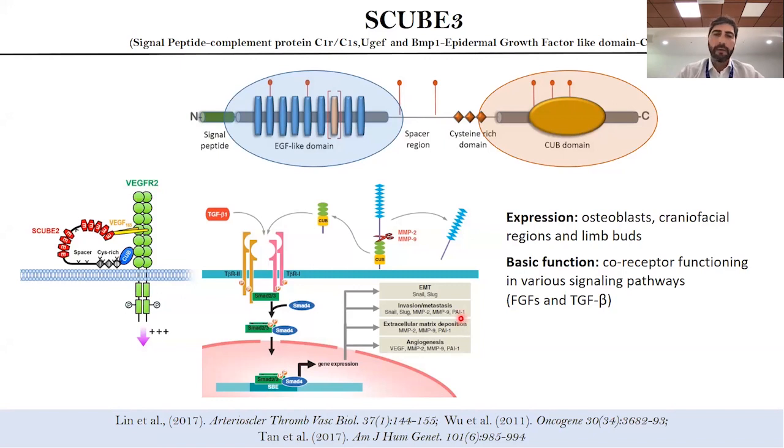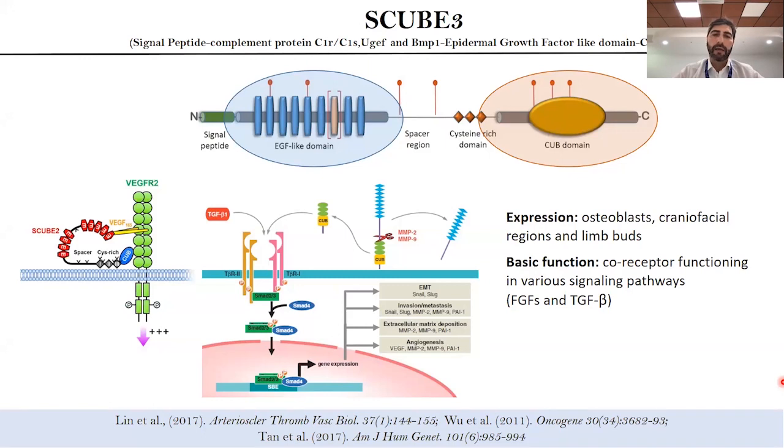The first one mediates the interaction between proteins within the extracellular matrix. The CUB domain is required for binding receptors of growth factor or morphogenetic proteins. SCUBA3 is expressed mainly in osteoblasts and craniofacial regions, as well as in limb buds.